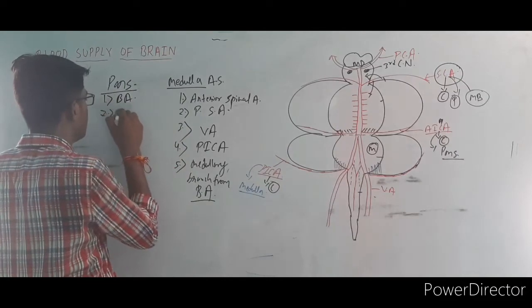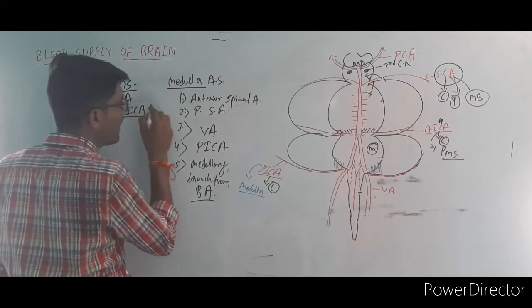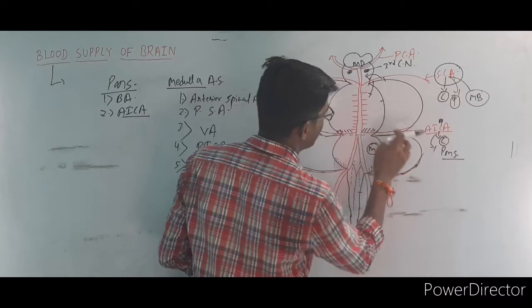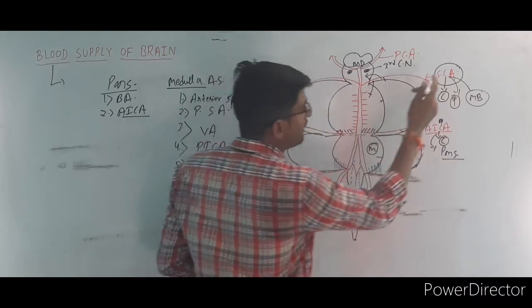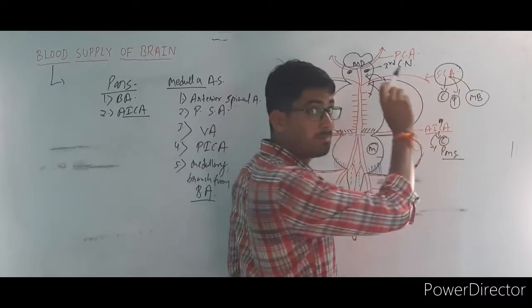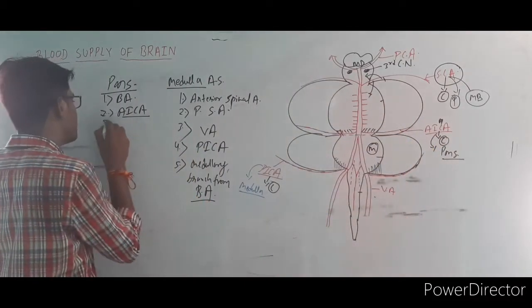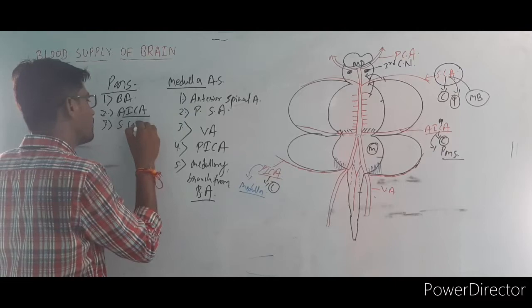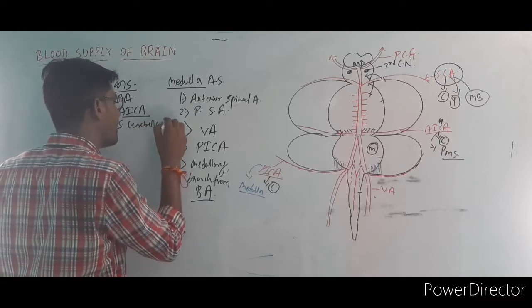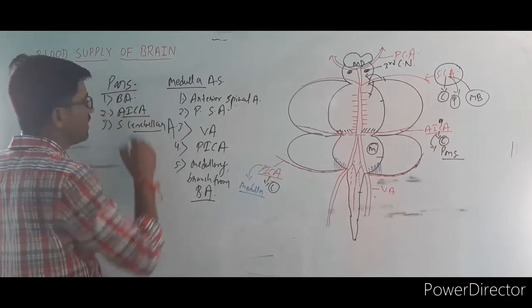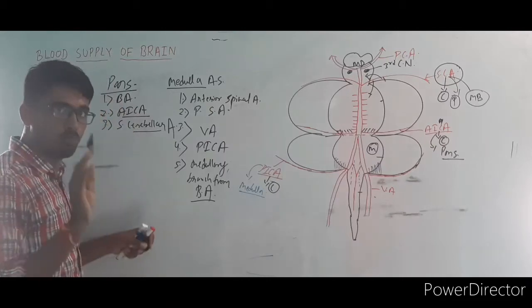AICA is also supplying this structure. Here is the superior cerebellar artery, that is also supplying. See here. So the third thing is the superior cerebellar artery. So these three arteries are supplying the pons, right?